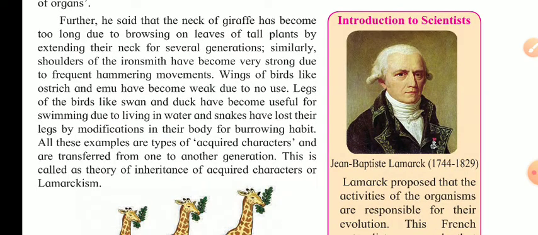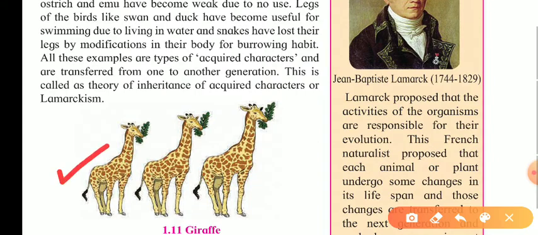Now he explained this with different examples. One of the examples he has chosen is the giraffe. You can see here the neck of the giraffe. What exactly is happening with the giraffe? He explained that giraffes initially didn't have a long neck, but in the process of reaching the green leaves in the habitat in which they were living, all the leaves were at a great height.